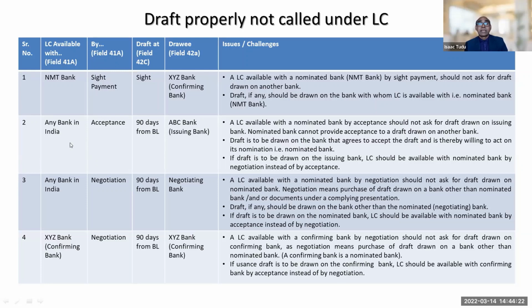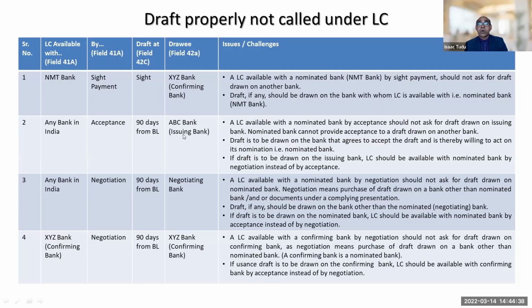The challenge is that an LC available with a nominated bank by acceptance should not ask for the draft to be drawn on an issuing bank. A nominated bank cannot provide acceptance to a draft drawn on another bank.